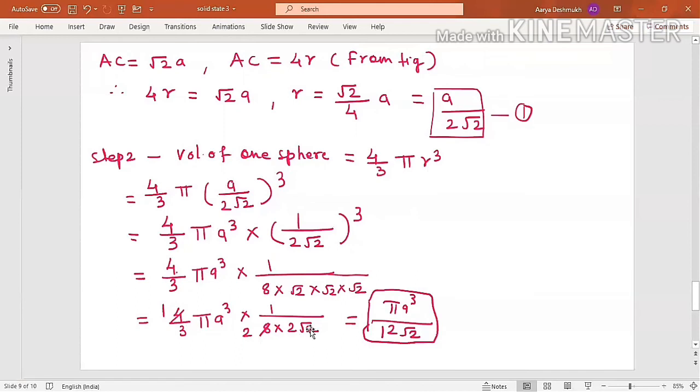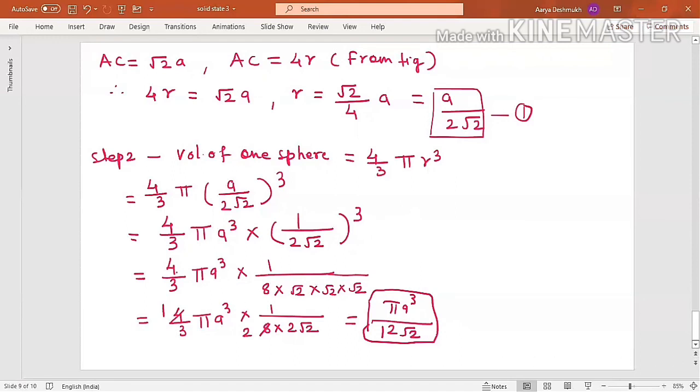So you can write here root 2. So 4 ones are 4, 4 twos are 8. So you can simplify this. You are left with pi A cube divided by 3 into 2 into 2, that will be equal to 12, and we are left with 1 root 2 here. So pi A cube over 12 into root 2. This is the volume of one sphere for FCC. I simplified the things here.